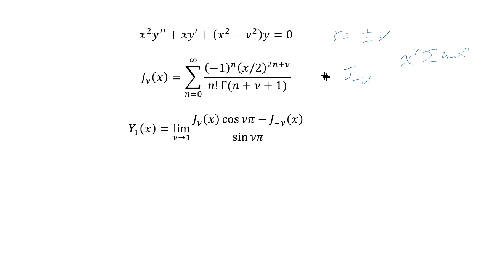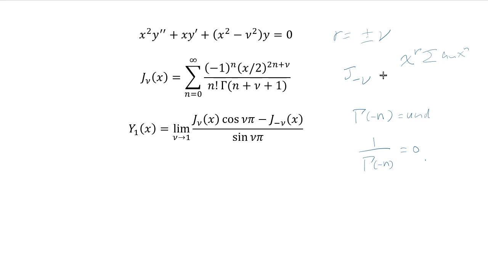However, if nu is indeed an integer, then there's the fact that gamma of negative n, where n is a positive integer, is undefined. It goes to infinity or negative infinity. And because of that, 1 over gamma of negative n is like 1 over infinity, so this becomes 0. That means the first few terms of J negative nu, when this thing is negative, are not going to show up, they will vanish.